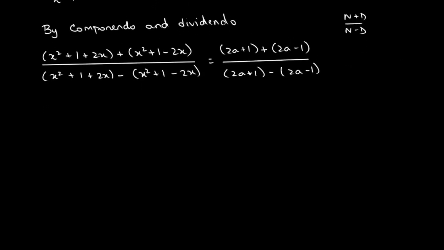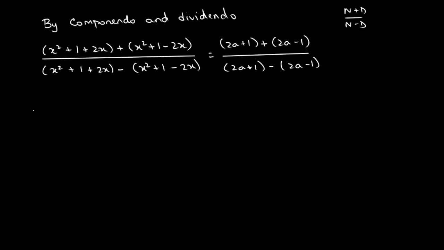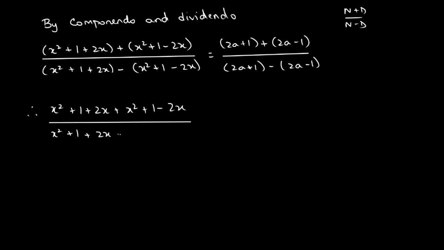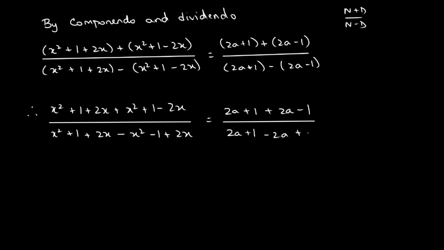Further opening up these brackets, I can say x squared plus 1 plus 2x plus x squared plus 1 minus 2x in the numerator, divided by x squared plus 1 plus 2x minus x squared minus 1 plus 2x, and signs have changed because of the negative sign. Again over here we have 2a plus 1 plus 2a minus 1, the whole thing divided by 2a plus 1 minus 2a plus 1.